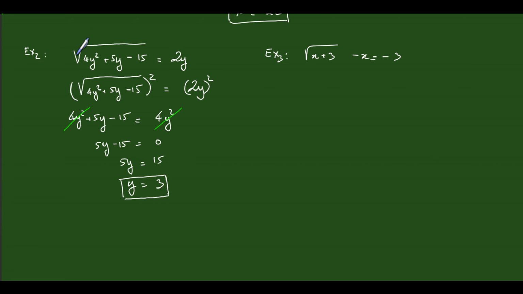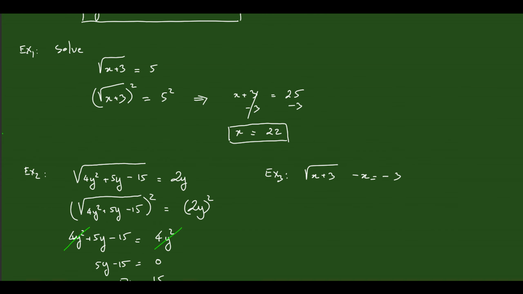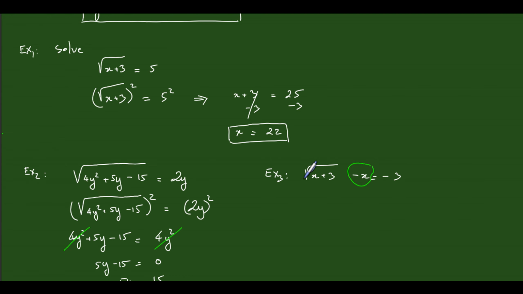In example 1, I have one radical only and nothing else. Over here, I'm getting stuck with this one. This is good, but I'm getting stuck with this. So in order to have only the radical on the left hand side, I need to get rid of this.